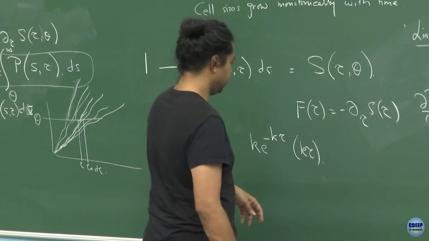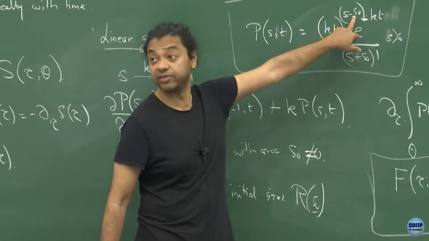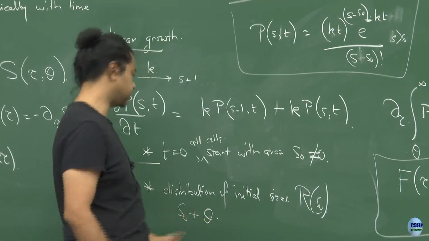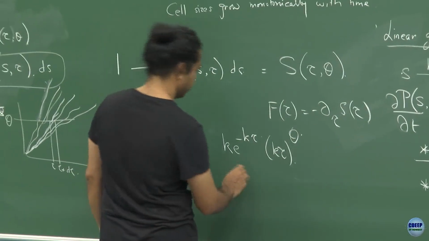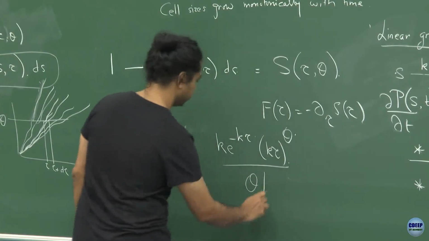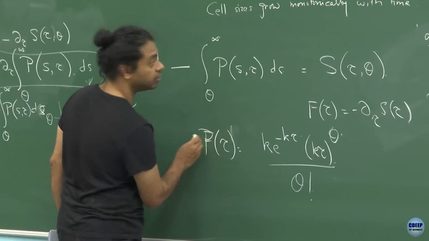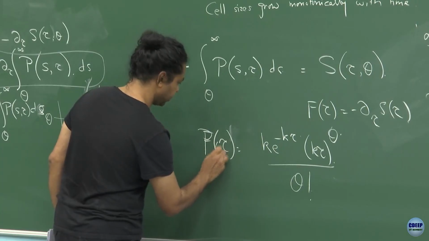Generally what you have here is S minus S naught in this solution. So in this case, when you have an additive threshold, what you will have here is simply a theta, and then you will have something like a theta factorial. Sorry, this is P of theta comma tau.